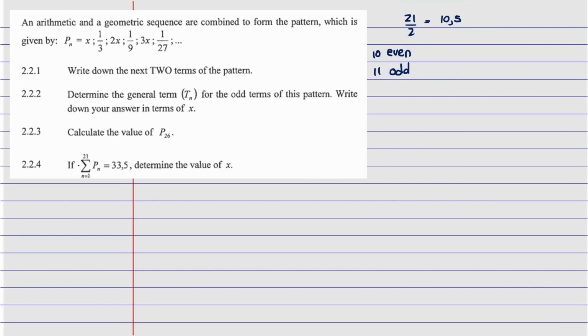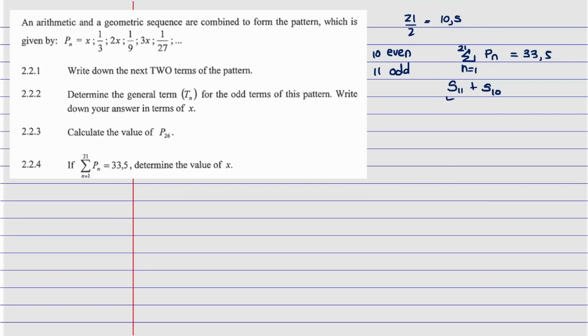So this is going to be the same as rewriting this like this. It's going to be the sum of 21 terms, n equals 1 of n, which is equal to 33.5, is going to be the same as finding S of odd terms, which is going to be 11, plus S of even terms, which is going to be 10.